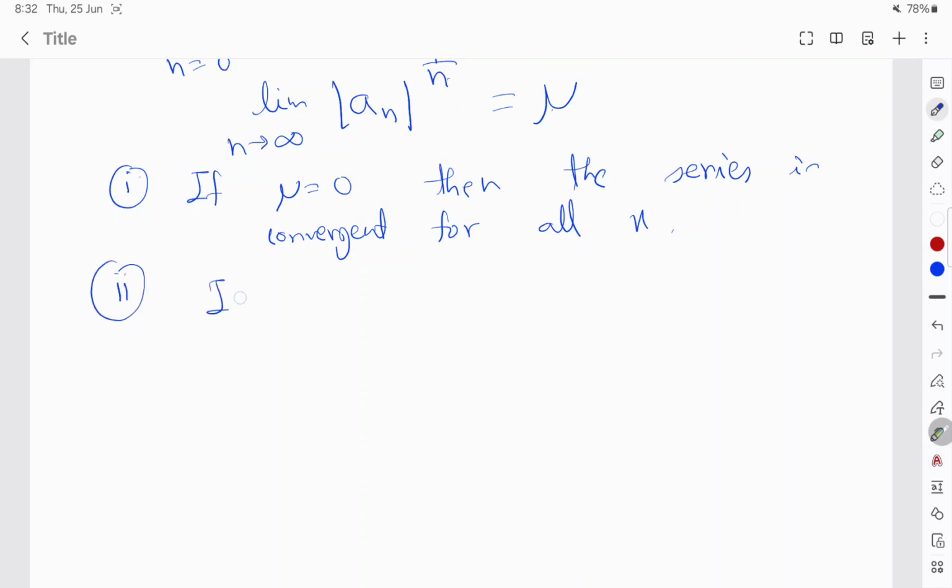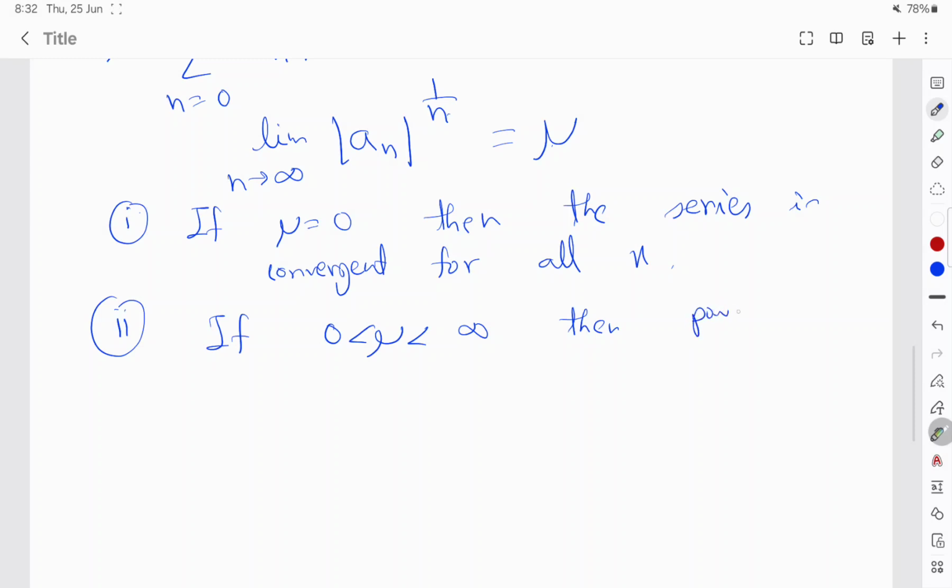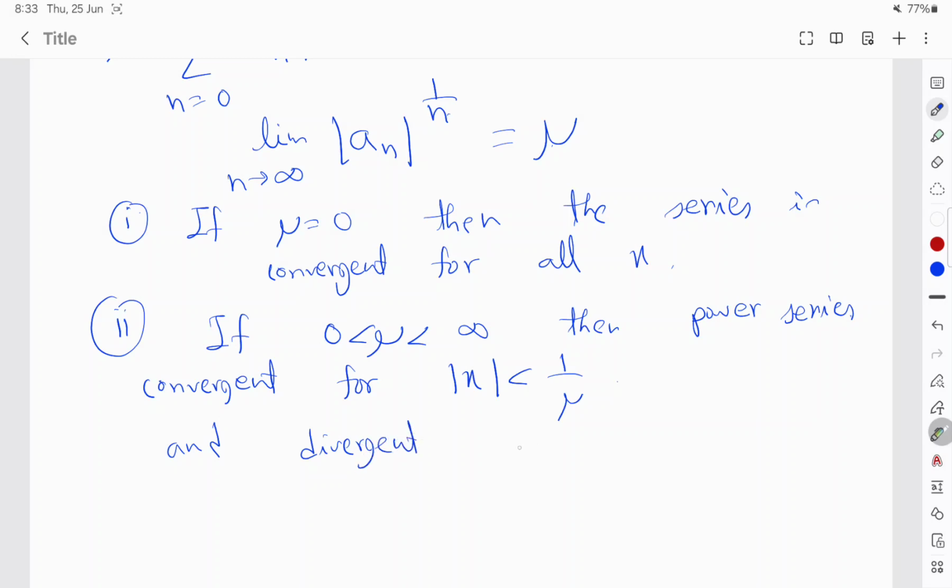Second, if 0 less than mu less than infinity, then convergent for mod x less than 1 by mu, and divergent for mod x greater than 1 by mu.